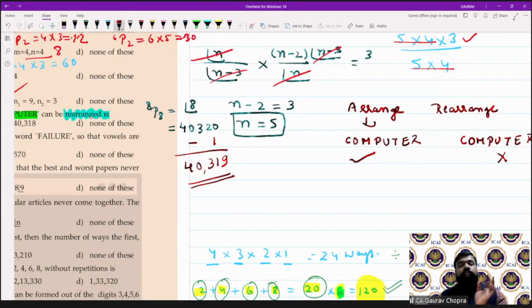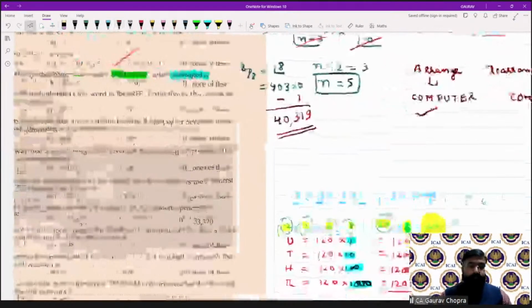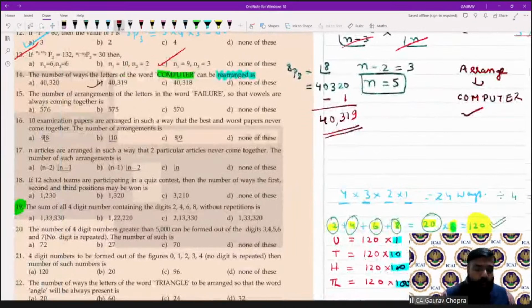Just because of this small word, the answer will become incorrect. So you have to be very, very careful while answering the questions. This word was very, very important: rearrangement. तो ओरिजिनल स्पेलिंग को छोड़ के रिमेनिंग कितनी पॉसिबिलिटीज है दैट यू हैव टू कंसिडर. So B option is selected.